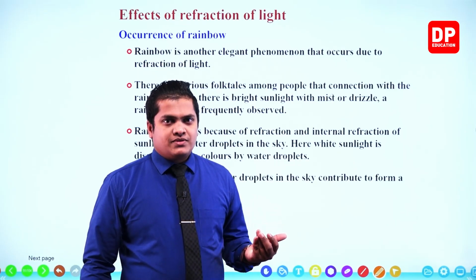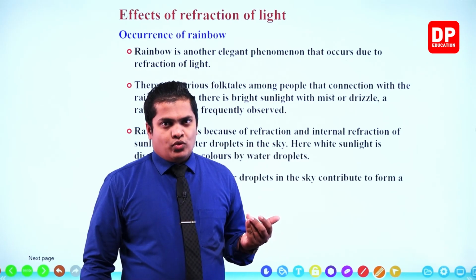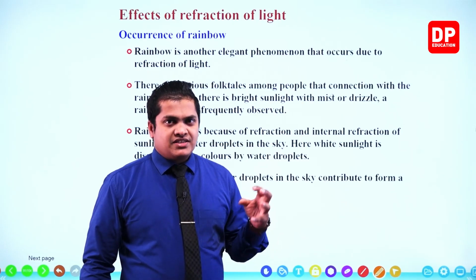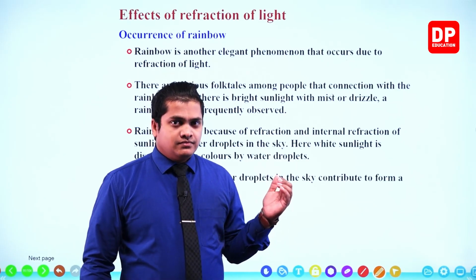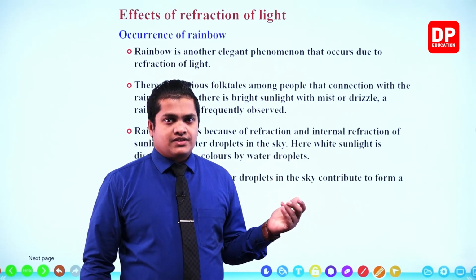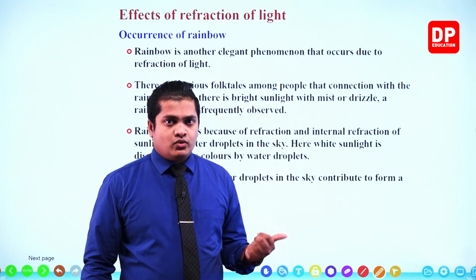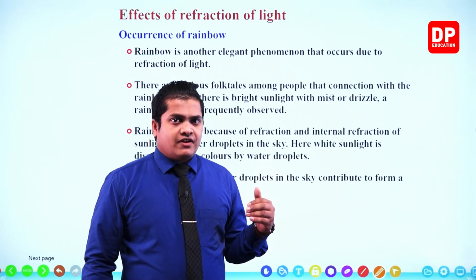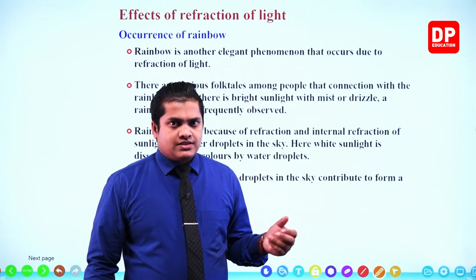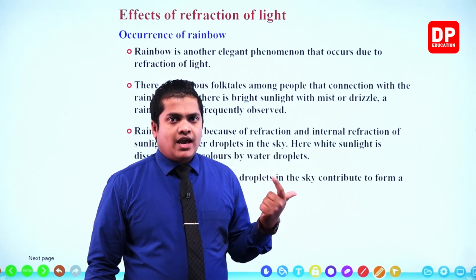That's why we can observe the rainbow. Okay, the same dispersion process can be observed within the rainbow as well. So the dispersion is the process of dividing white light into 7 different colors. Within the prism also the same thing happened.